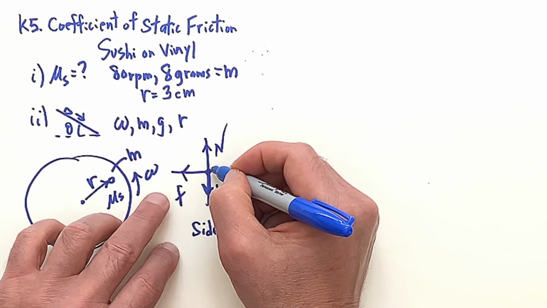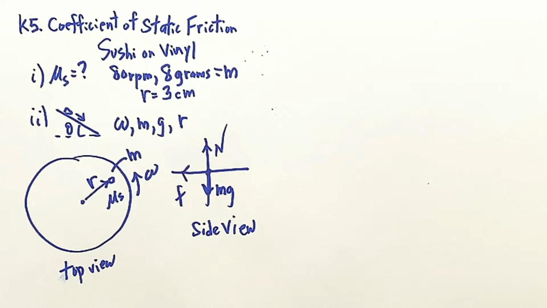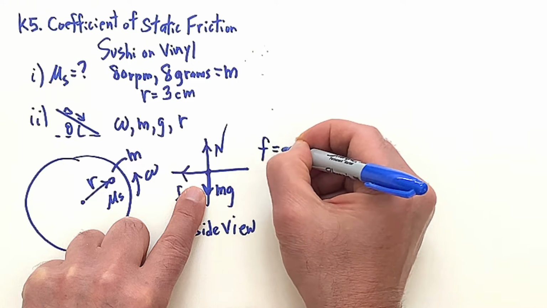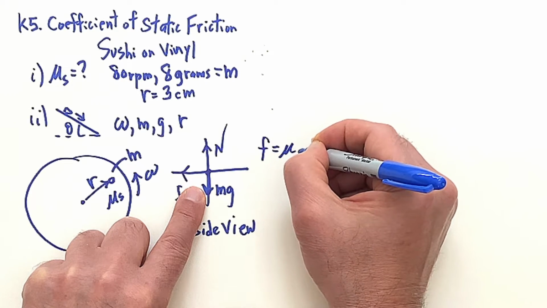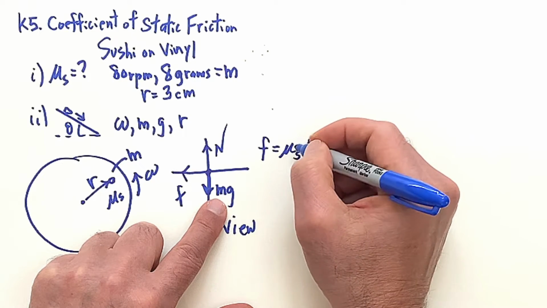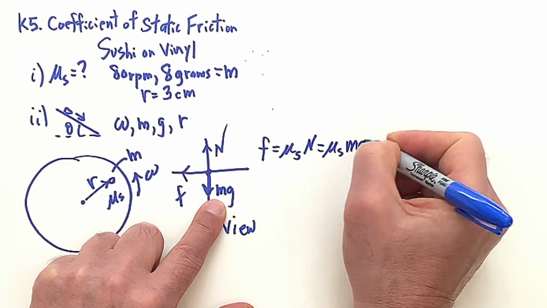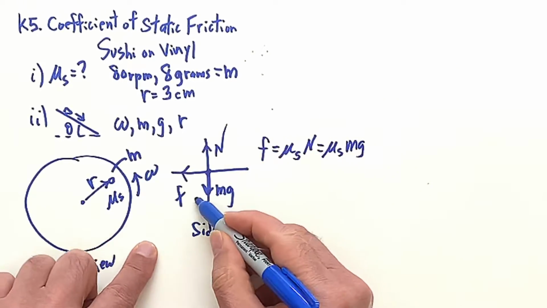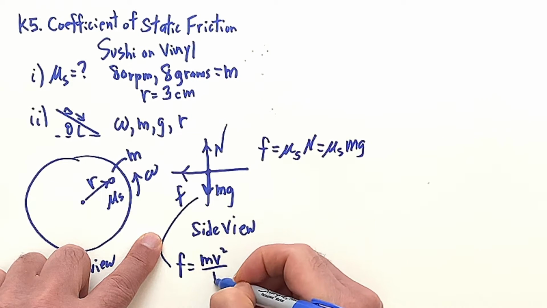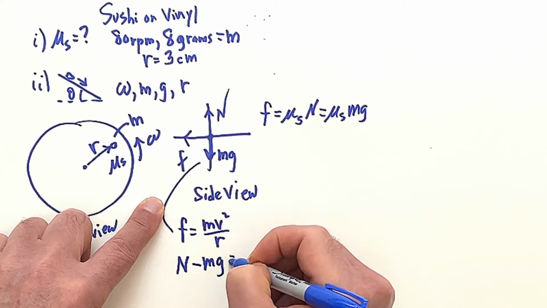The static friction, you exceed it, and you start to slide. So let's look at this. The friction is always going to be mu n when you're at the maximum effect, and this is mu s mg. So if you wanted to write this out the way we usually do, F is mv squared over r, and then n minus mg equals 0.